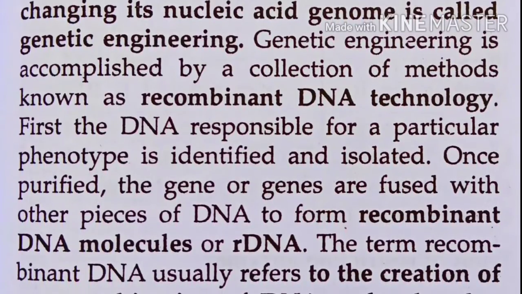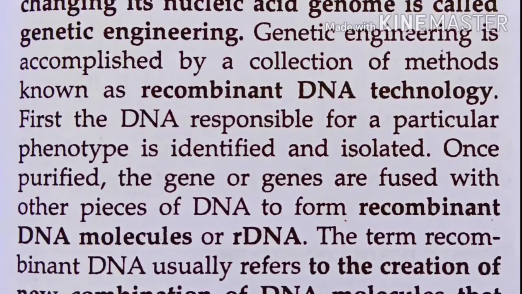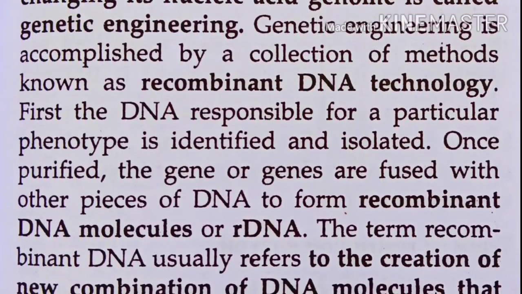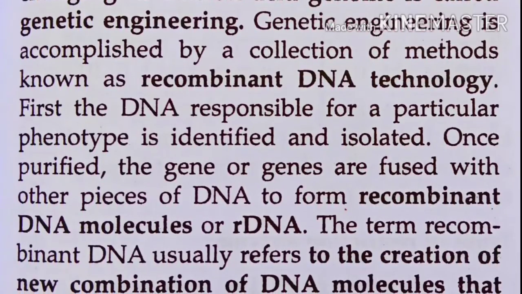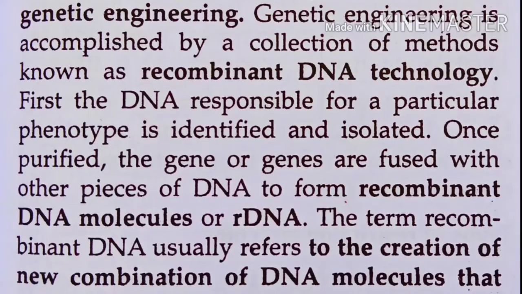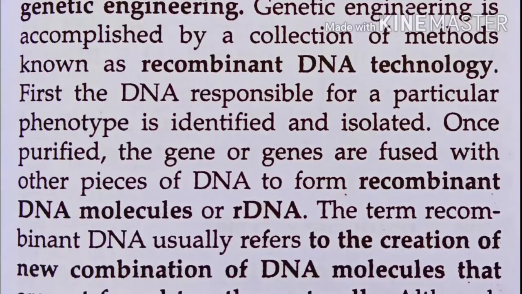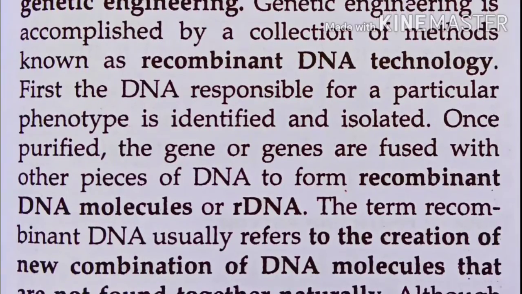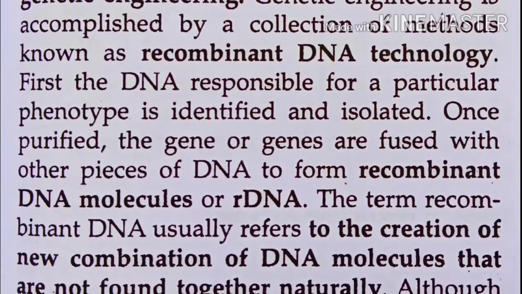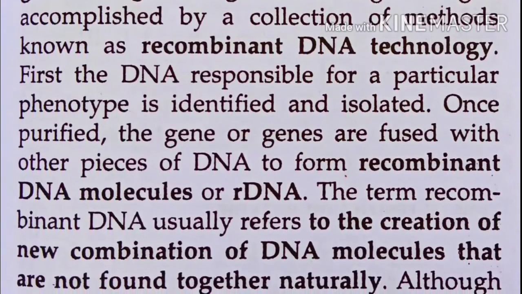Once purified, the gene or genes are fused with other pieces of DNA to form a recombinant DNA molecule. The term recombinant DNA usually refers to the creation of new combinations of DNA molecules that are not found together naturally.